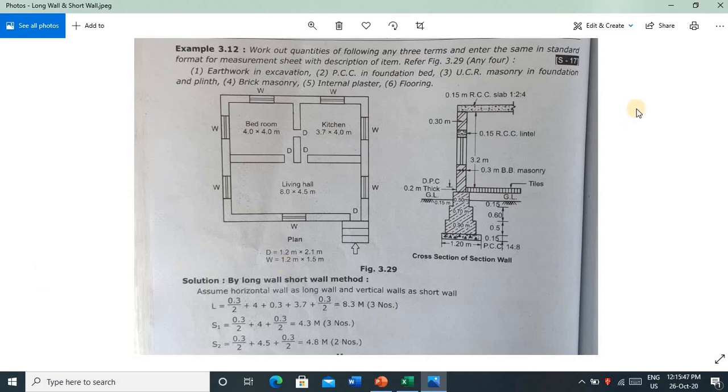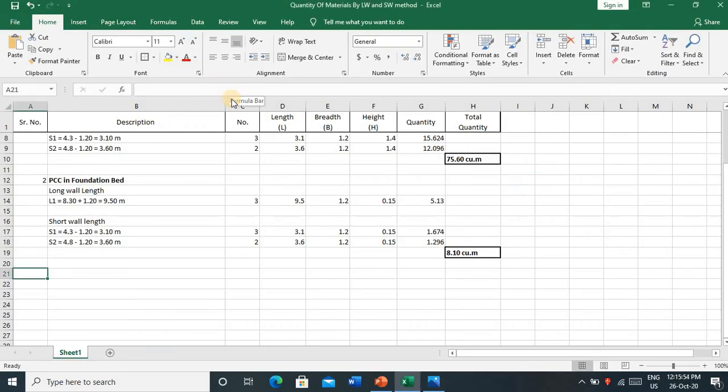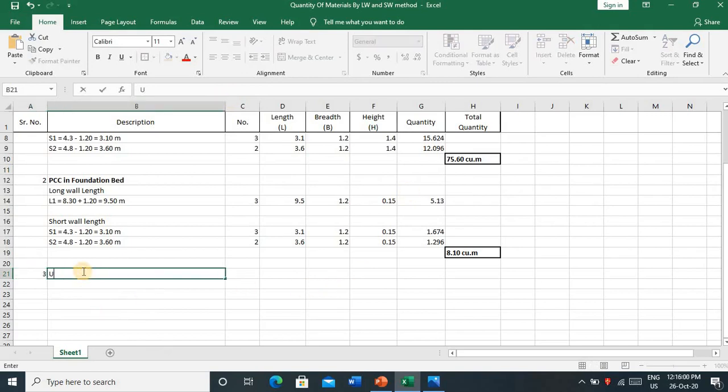UCR masonry, see, the third one is UCR masonry in foundation and plinth. So right here, UCR masonry in foundation and plinth. So what is the meaning of foundation and plinth?